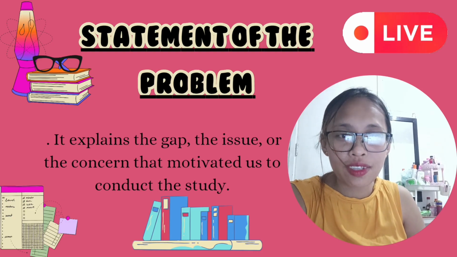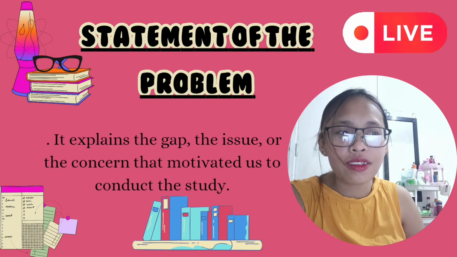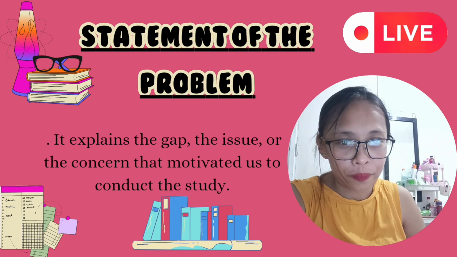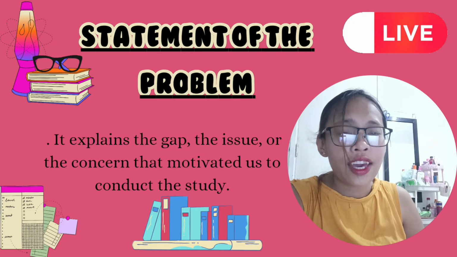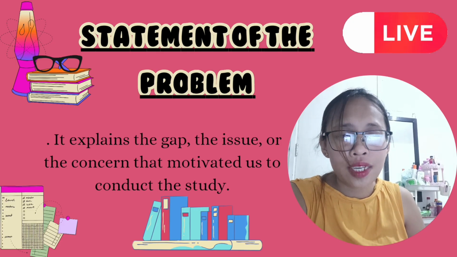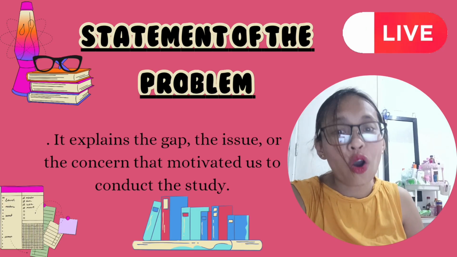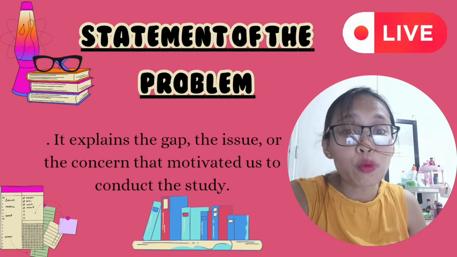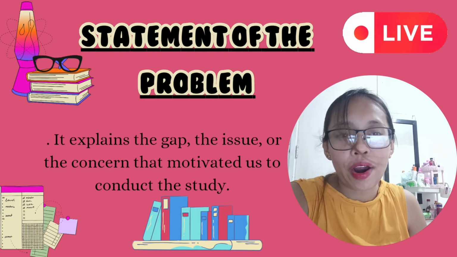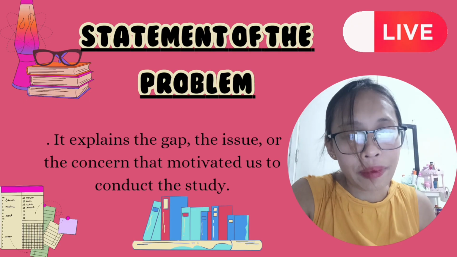Why do researchers need to write both general and specific problems? It is because the general problem gives the big picture of the study, while the specific problems break it down into smaller, measurable parts. This makes the research clearer and more systematic.